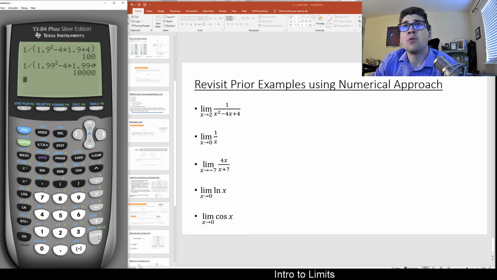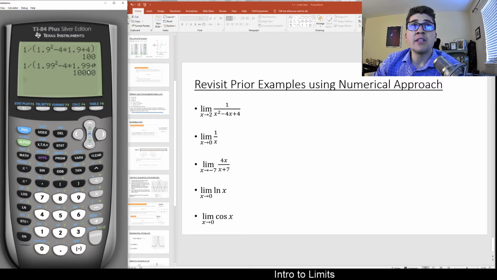If I check 1.99 instead, and how I did that was if you hit second entry, it will copy your previous line, and then you can just make adjustments to the formula as you go. You can even scroll up and hit enter to adjust it without having to retype the whole function every time. When I plug in 1.99, that gives me 10,000, and it appears as though this is going to get really, really big.